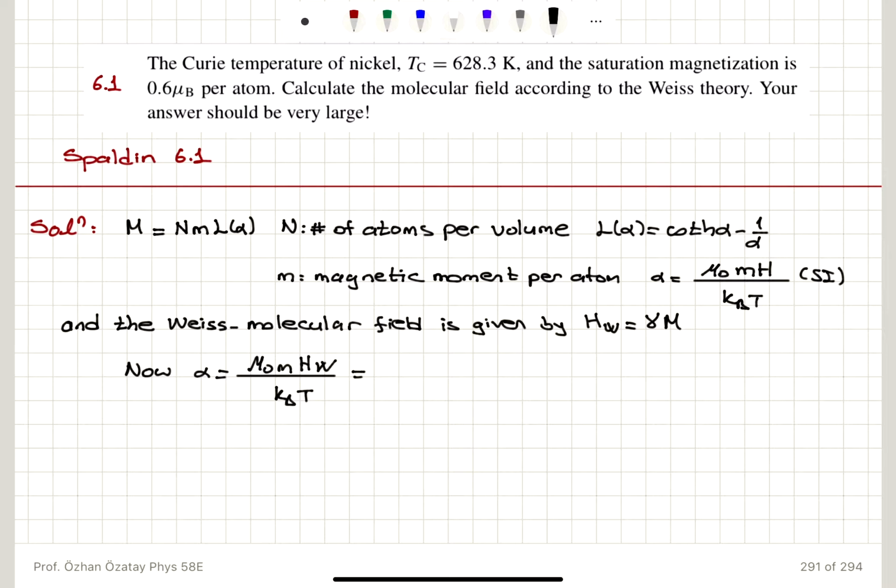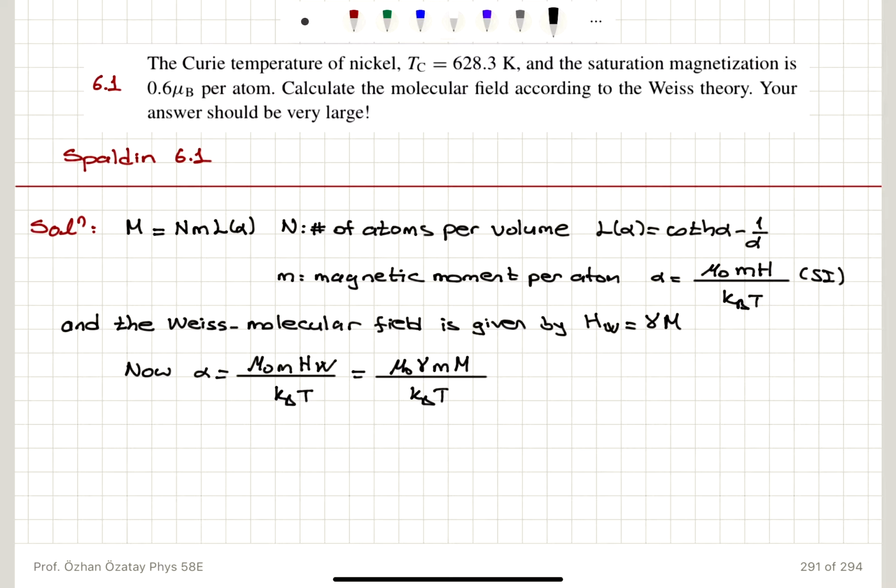Substituting for the Weiss molecular field, gamma times M, this must equal mu0 m gamma M divided by kBT.